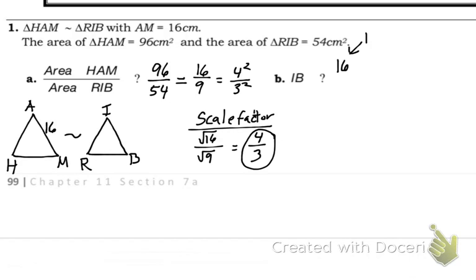That's from my HAM one. That's why I put it on top. And it's going to go over my RIB one, which is IB. And that's going to equal our scale factor of 4 over 3.